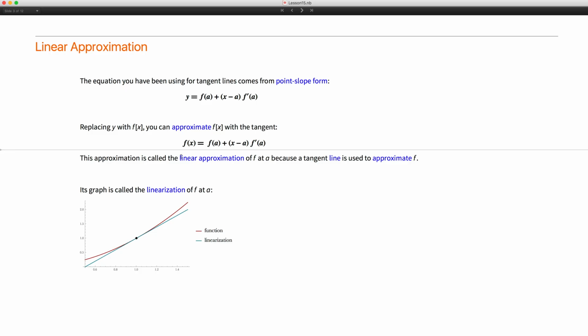And this approximation is called the linear approximation of f at a, because the tangent line is being used to approximate f. So here's the picture. You have the function and you have the tangent line, and that tangent line is now called the linearization. So linear approximations are a very important tool in calculus.